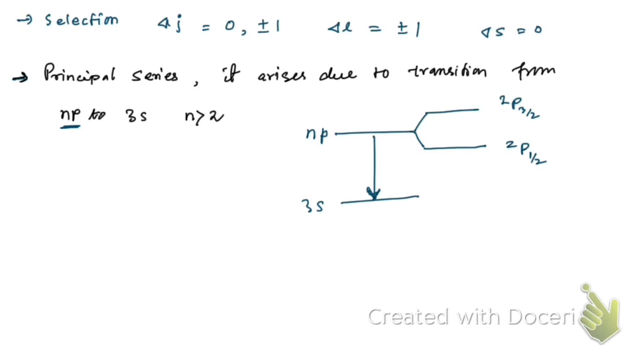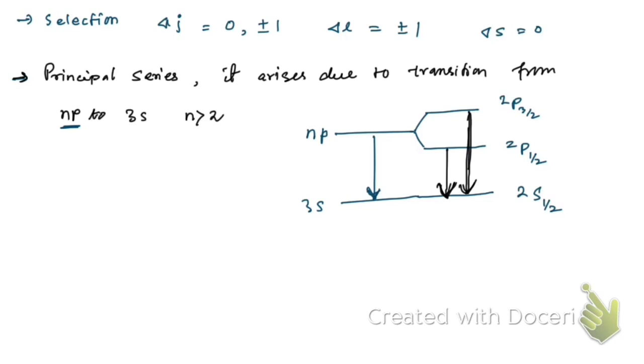Transition takes place from NP to 3s, and it gonna have two components, right? 2s half here. So it gonna have two components, and what are those? One from this and another from this. Okay, this transition gonna have two components, right?